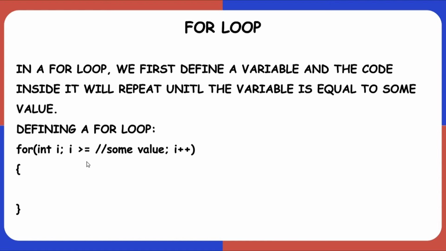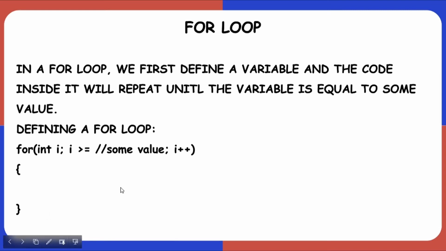First is the for loop. In a for loop, we first define a variable that we mostly name I, and then we check if I is less than or equal to, or equal to some value, and if it's not, then we can either increase I or decrease I, whatever you want.